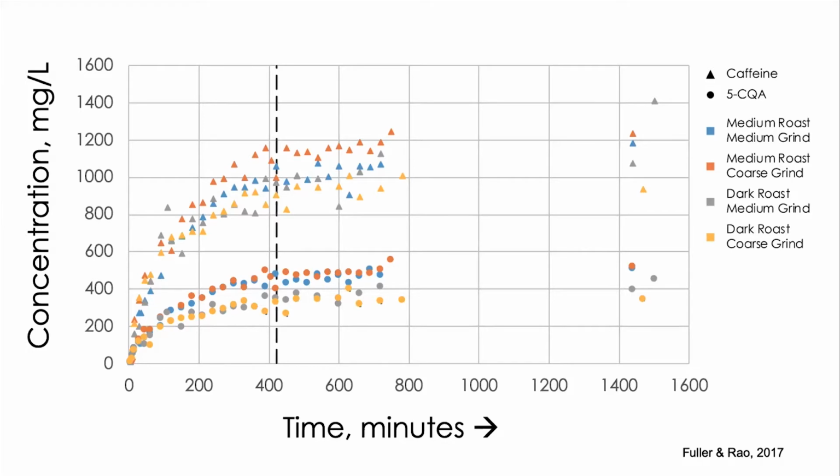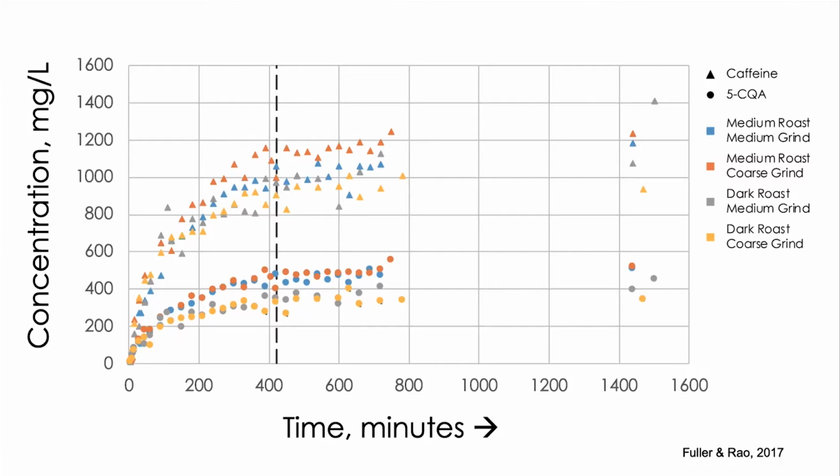But if we were just monitoring caffeine concentration and chlorogenic acid concentration, we can probably get away with brewing the coffee for about 7 hours. So that means we can actually make the coffee before we go to bed, and next morning we have a nice freshly brewed cold brew coffee. So that was very exciting because that shortens the brewing time from 12 to 24 hours to 7 hours.